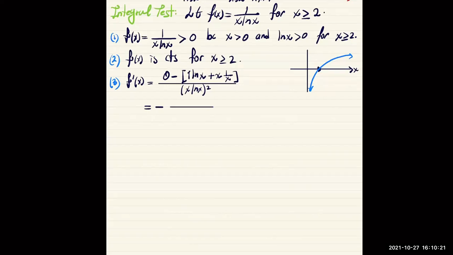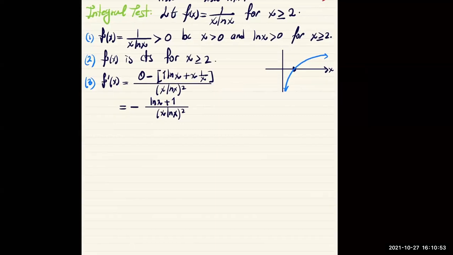We have negative of ln x plus 1, over x ln x squared. This is definitely negative, guys, because the denominator is a square. It's always positive.